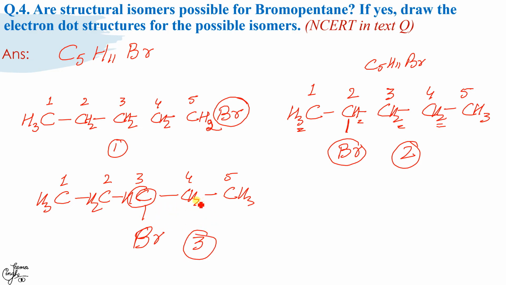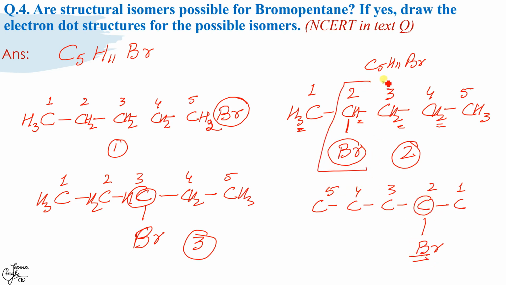If I take it to the fourth one, let's say like this 1, 2, 3, 4, 5, and I put it over here, then the numbering, if I do from here 1, 2, 3, 4, 5, at second carbon I have bromine. Look here, at second carbon I have bromine. So the structures will be same. So this is not an isomer. So these are the 3 possible isomers of bromopentane. You are supposed to convert them into electron dot structures. Alright, let's move to the next question.